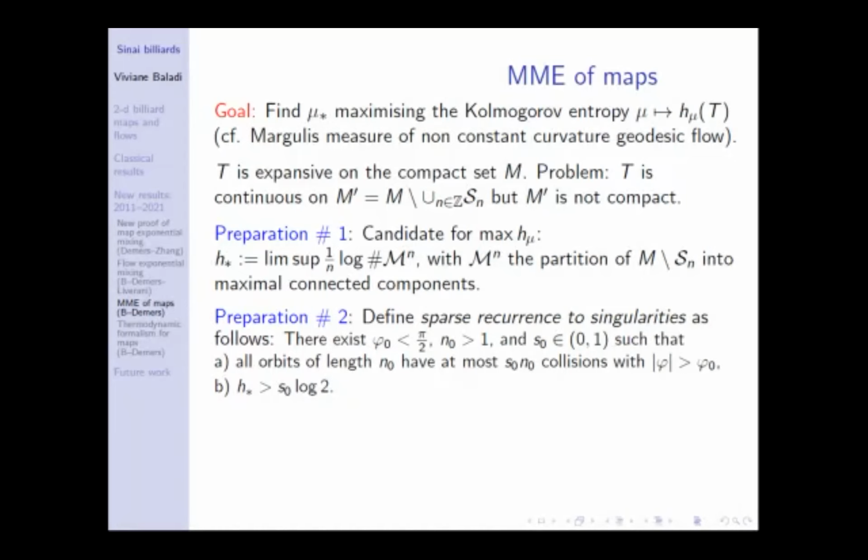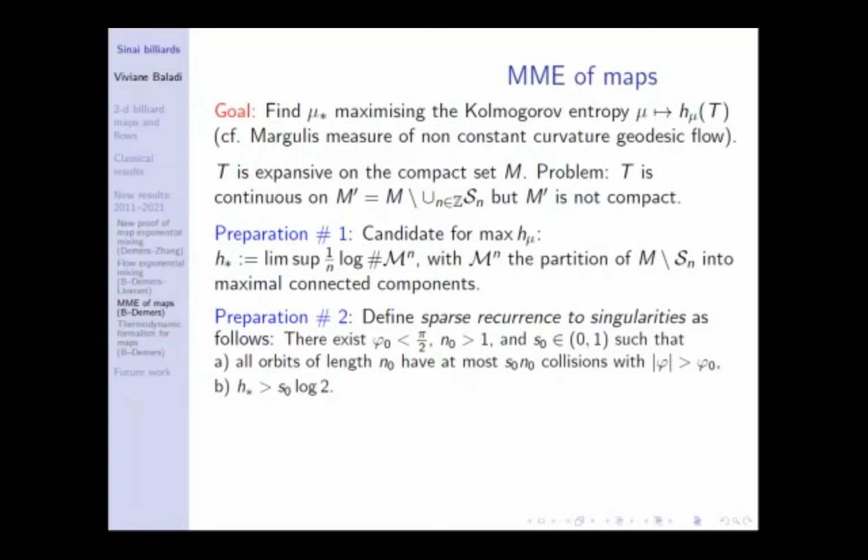How do you quantify this? Well, you fix some angle phi 0 which is very close to the dangerous angle of pi over 2. You fix some length n0, and you fix some proportion, some fraction S0, strictly smaller than 1.